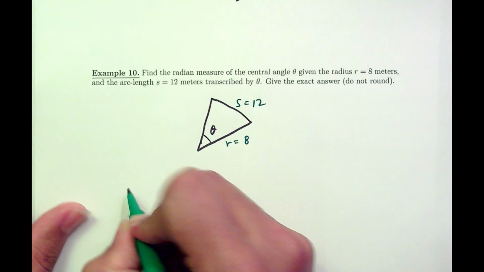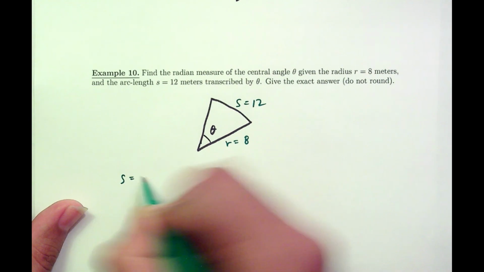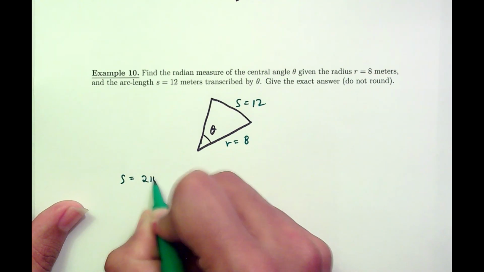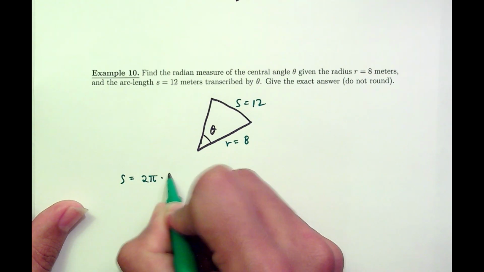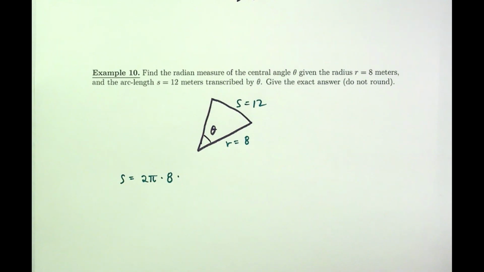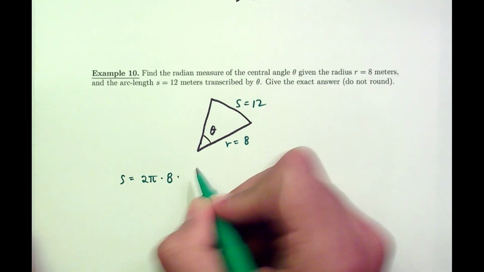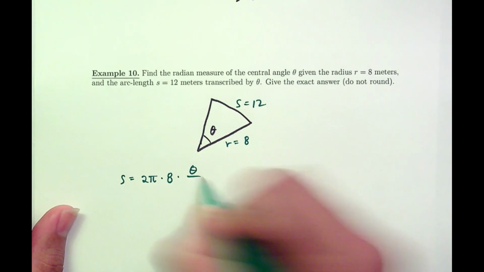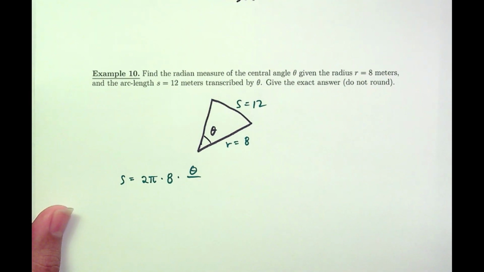So we're going to write the arc length is 2 pi r. We know what r is, so 2 pi times 8, and then you multiply by the fraction that corresponds to the angle. The angle, I don't know what it is, so I'm going to have to write it as theta. And then you divide by the total: you divide by 2 pi if it's in radians, and by 360 if it's in degrees.